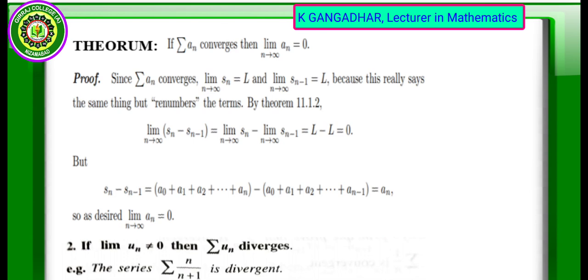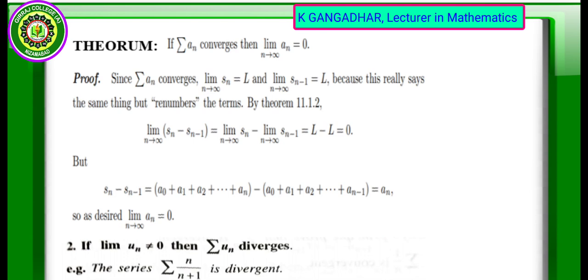Now we write the nth partial sums. Sn, the nth partial sum value, is a0 plus a1 plus a2 plus so on plus an, starting from 0.